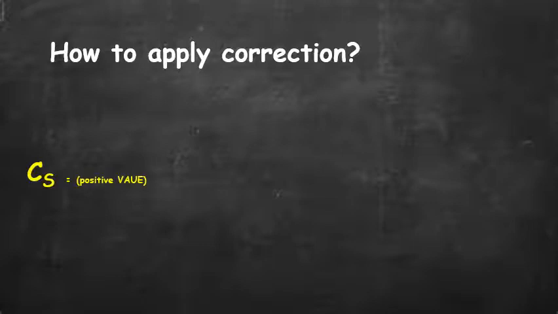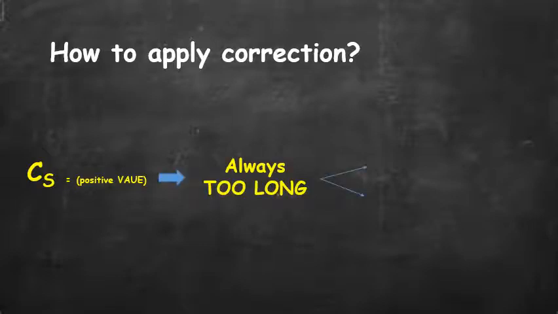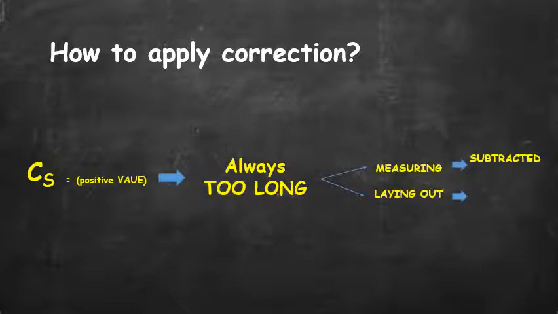So, if again yung C sub S natin is positive, this is always too long. So, pag nagme-measure tayo, it is subtracted. Pag nagle-layout tayo, subtracted pa din. So, pag nagsasag, always yung ating measurement is longer. That's why we need to subtract the correction.